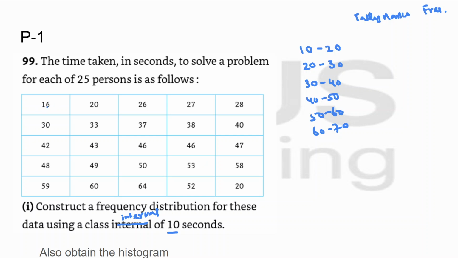Let us take 16, put the tally mark here. 20 is, see, this is a continuous and exclusive system. So 10 to 20 means 20 is not included in this one. 20 starts from here, so it is to be included in the second class, and the tally mark goes here.